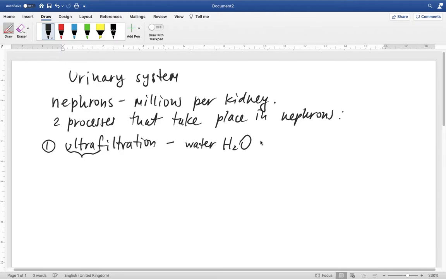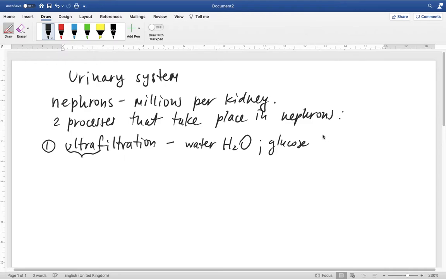Now another small molecule, which is also small enough to get through the gaps in that filtering system and get filtered out of your bloodstream, is glucose. Now glucose is a little bit bigger than water, but it's still a relatively small molecule.